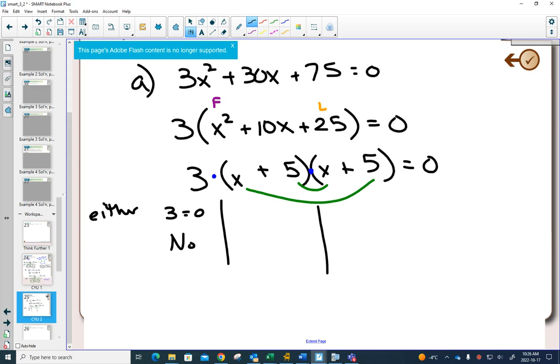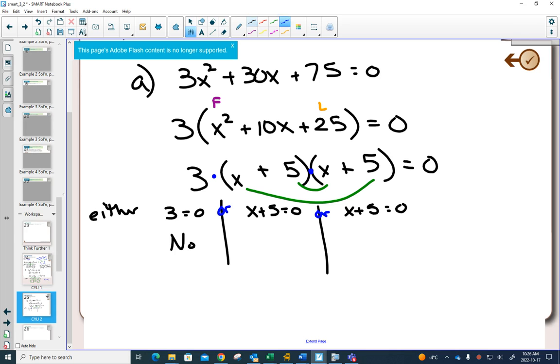Can you see if this was an x out front? Then x could equal 0 would be another answer, but it's just a 3. So either 3 equals 0, no, that's not true. Or x plus 5 equals 0, or x plus 5 equals 0.